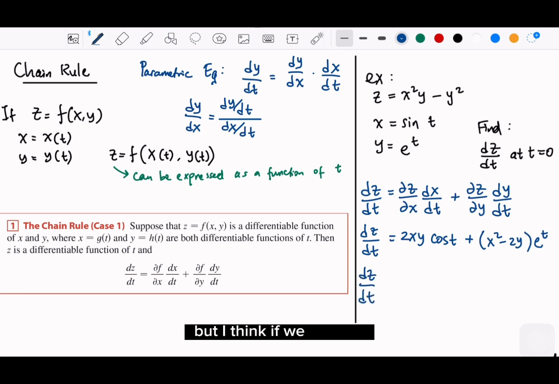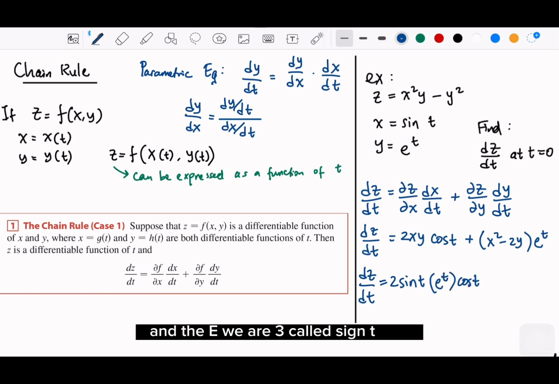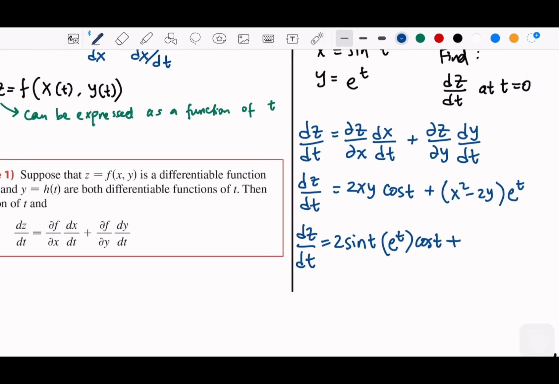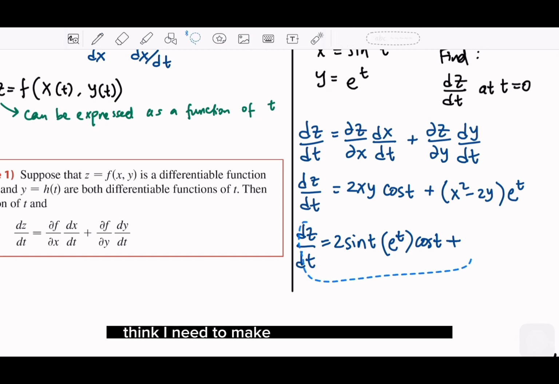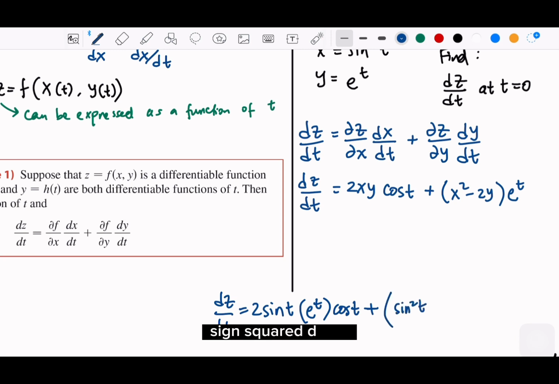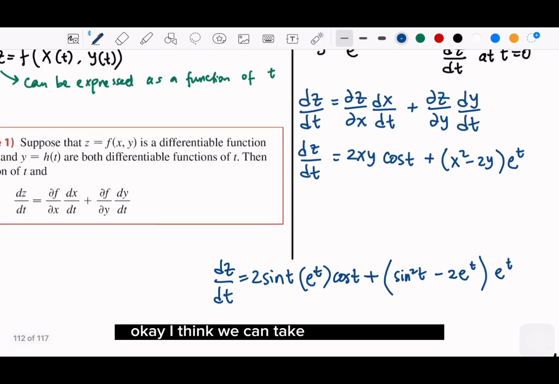But I think if you just input one by one, it will be the same thing. So x is sine t, giving 2 sine t e to the power of t cosine t, plus sine squared t minus 2 e to the power of t. Okay, now we can take t equals 0.